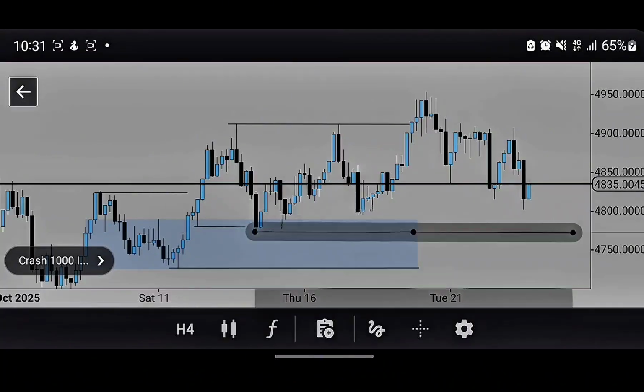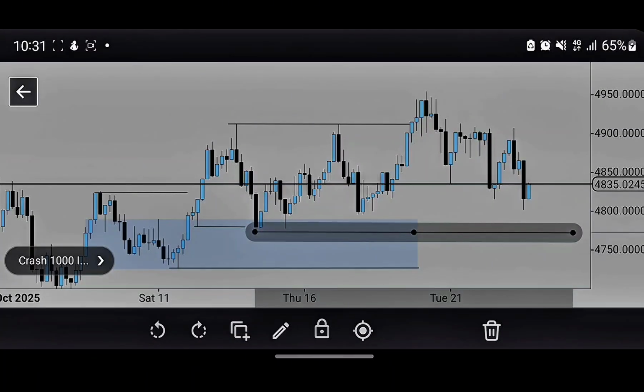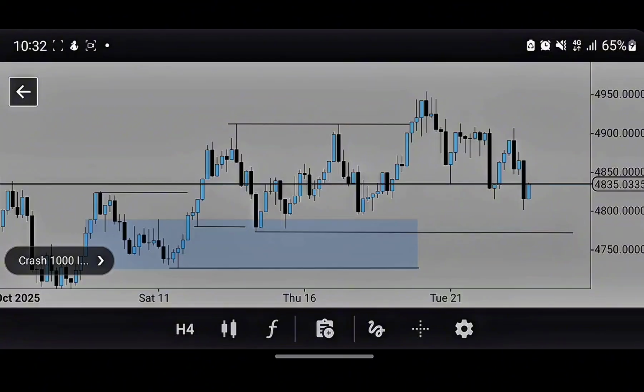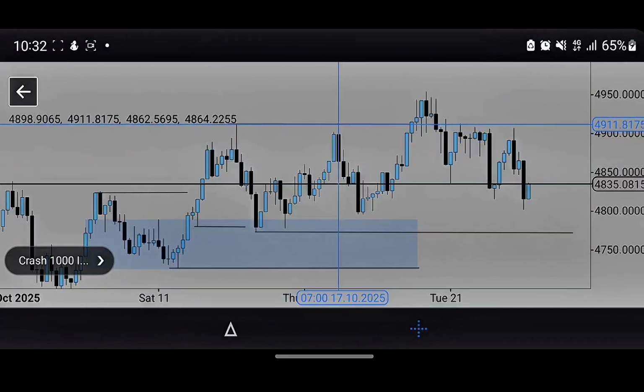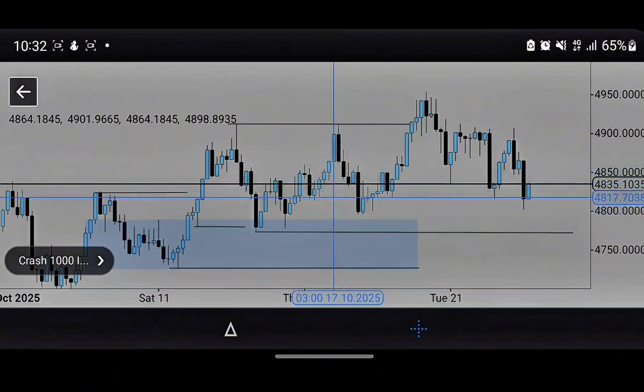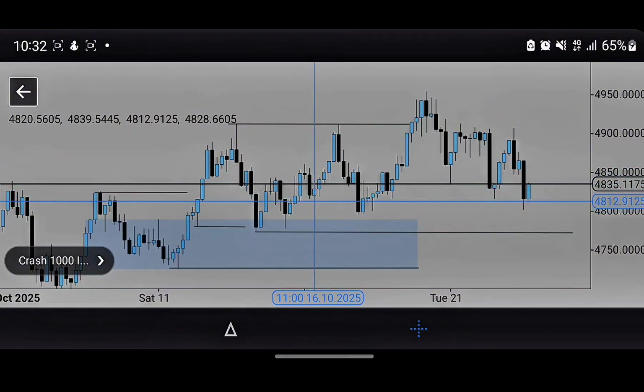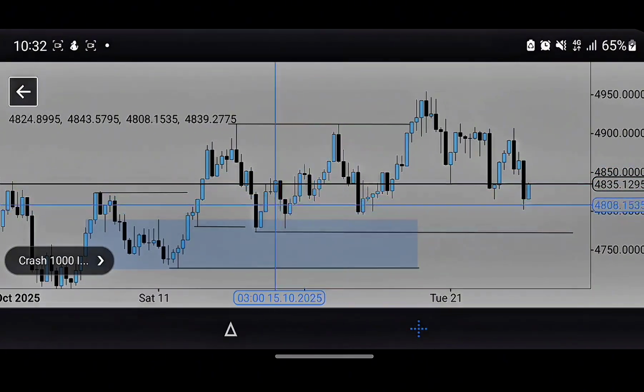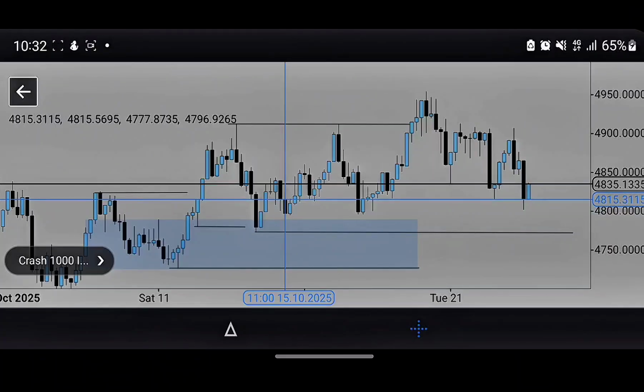So this is literally our strong level as of right now. So after this became our strong level, price went high. We made equal highs there, okay? After we made those equal highs, we came lower. We took out this level, which is our inducement, and tapped into this demand level right there.